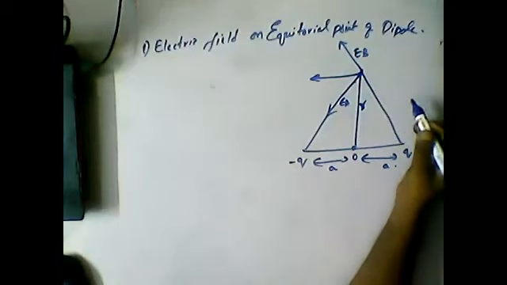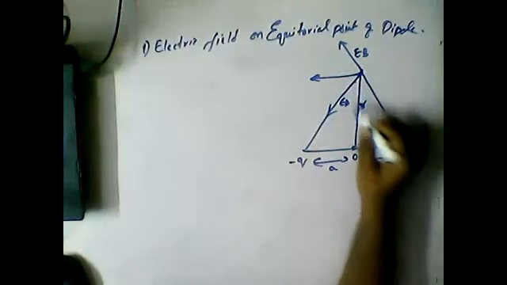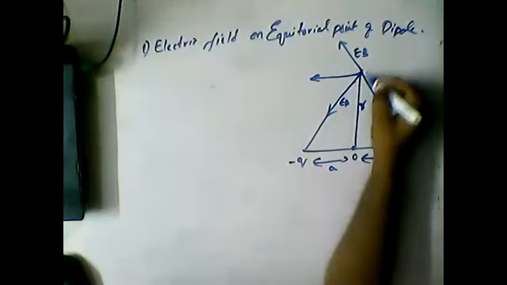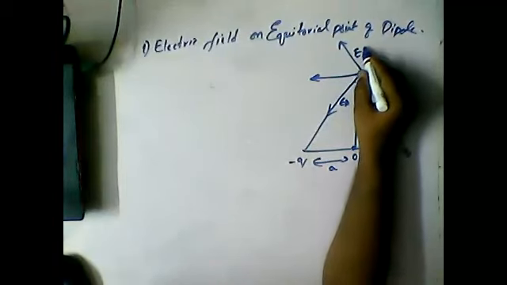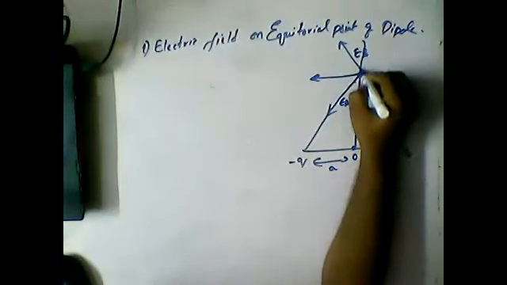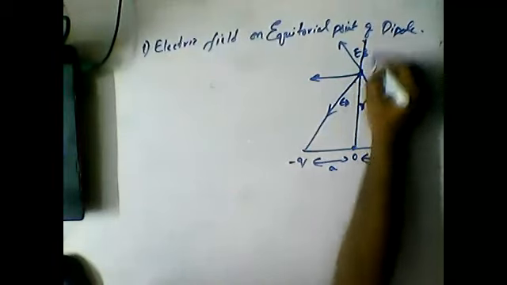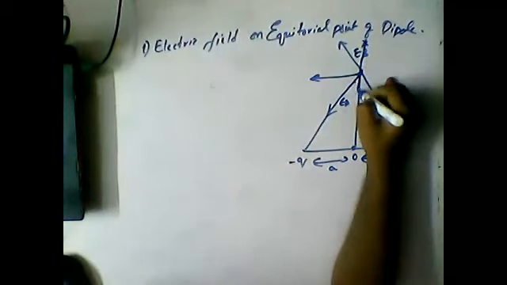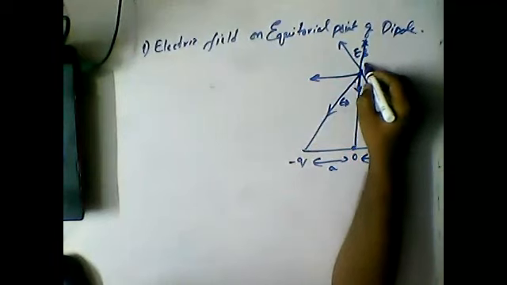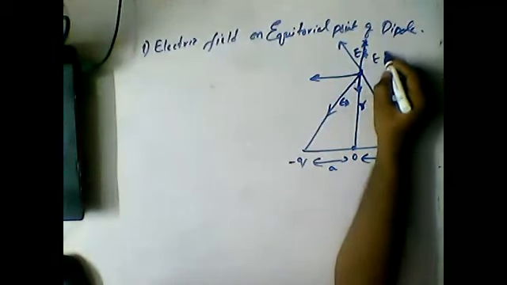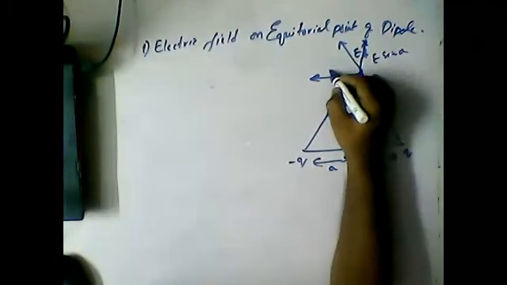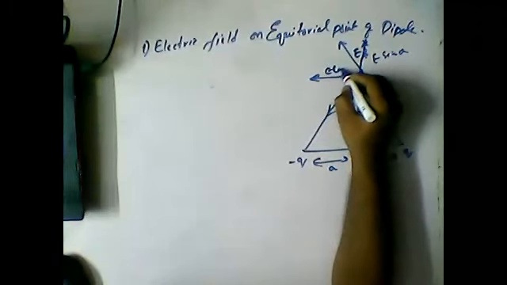So EA and EB are the same, but when we resolve into components, vertically we have E sine theta, and here it is E cos theta.